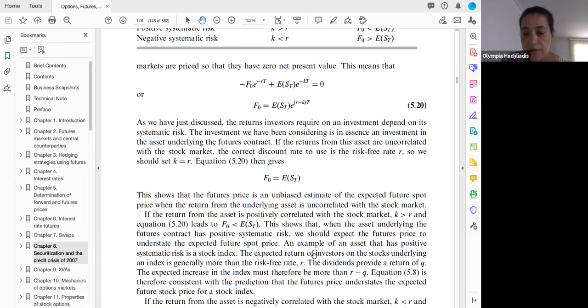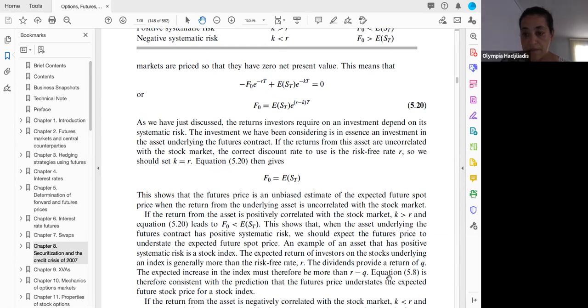An example of an asset that has positive systematic risk is a stock index. The expected return of investors on the stocks underlying an index is generally more than the risk-free rate. The dividends provide a return of Q. The expected increase in the index must therefore be more than R minus Q.